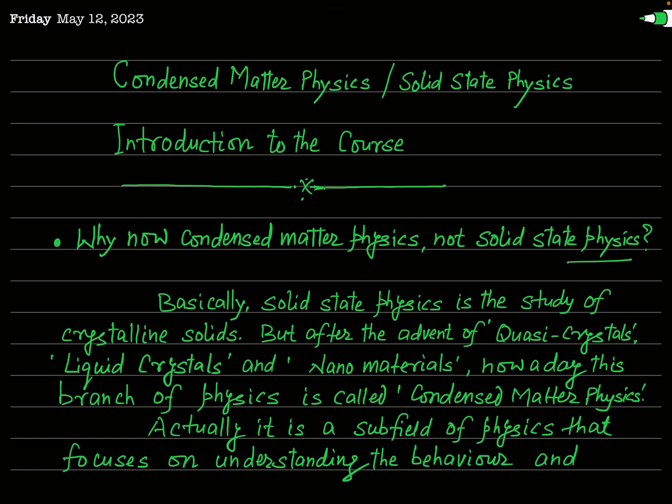Actually, when you say solid state physics, that means the study of crystalline solids. In early days it was thought that crystals are always in solid state. But at present, so many liquid crystals and quasi crystals have been discovered, and there is also a revolutionary branch called nanoscience, nanomaterials or nanotechnology.